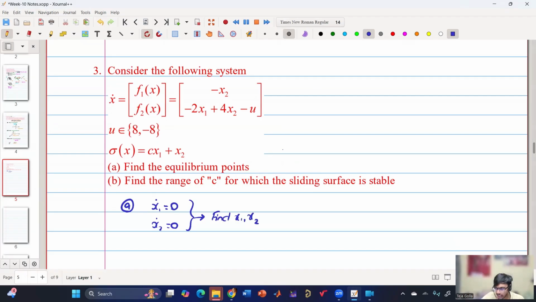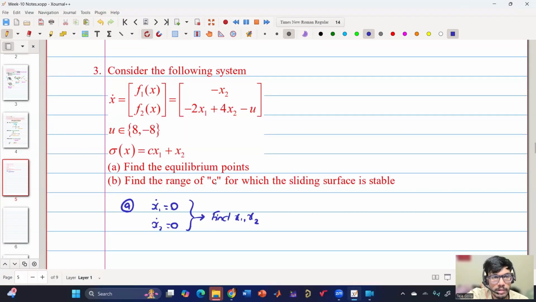So can you solve and then let me know what are the values of x1 and x2? 4 comma 0 and minus 4 comma 0.